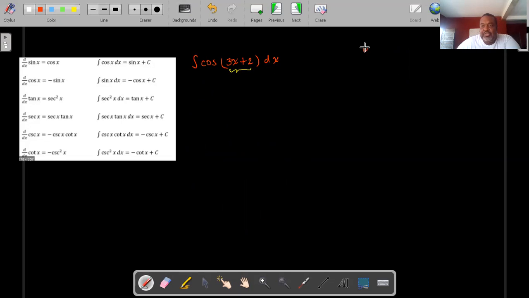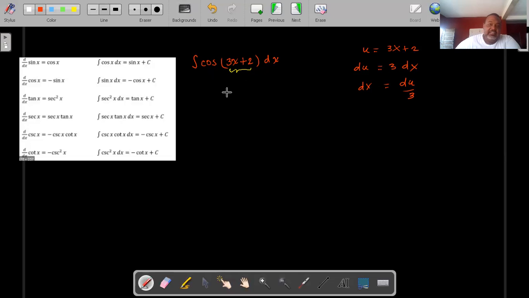So what I have then is u is equal to 3x plus 2. So du then will be the differentiation of this, which is just 3. So it's still just 3 dx. Hence, dx is equal to du divided by 3. And once we've done this part, right, guys, we're great.